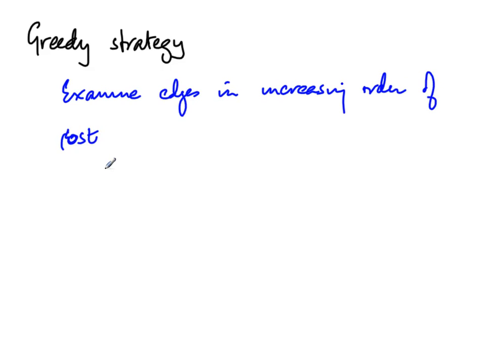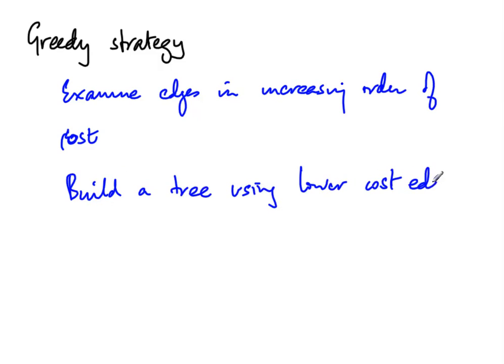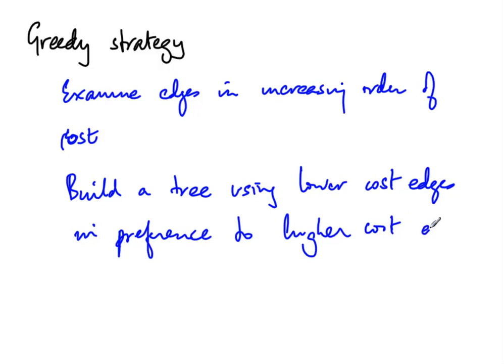And what we would like to do is build a tree using lower cost edges in preference to higher cost edges. Right? So this is the natural greedy strategy. We have a notion of cost associated with our tree, and so we go in increasing order of cost because we are looking for something which is of minimum cost.